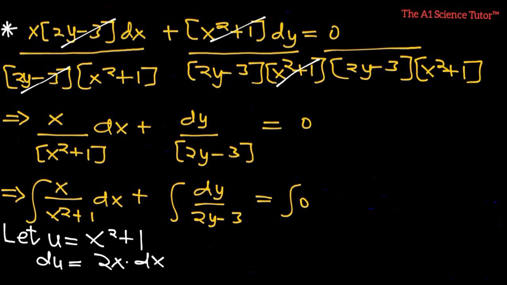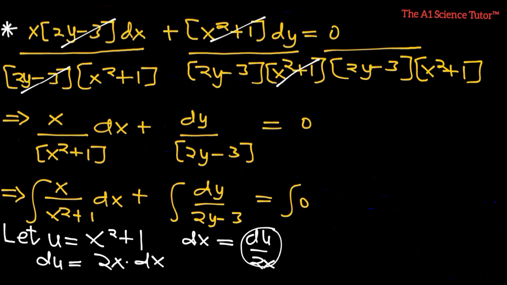If I took dx and multiplied it through, that is going to be du, equal to 2x multiplied by dx. Now I want to make dx the subject of the formula. That is going to give dx being equal to du divided by 2x. So that is what we have there.